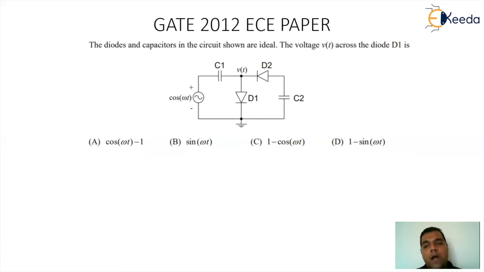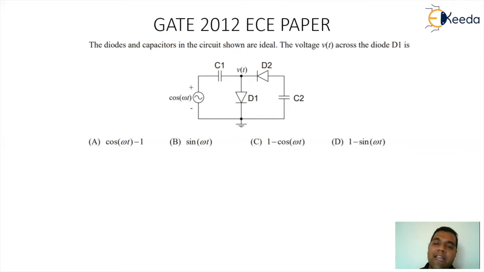What we need to understand in this question is, the input is a sine function, and you can clearly observe that the circuit is made up of 2 diodes and 2 capacitors. We have seen back that we have a circuitry defined by the name voltage doubler. If you remember that circuitry carefully, the capacitor C1 used to charge to the peak value of the input signal.